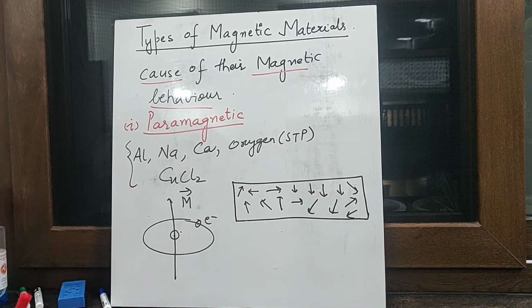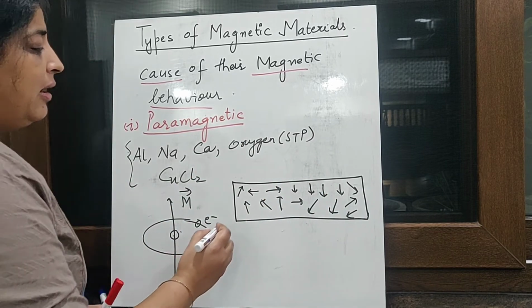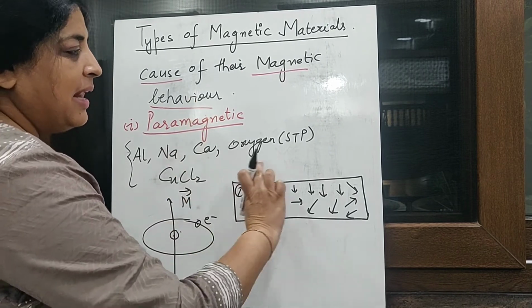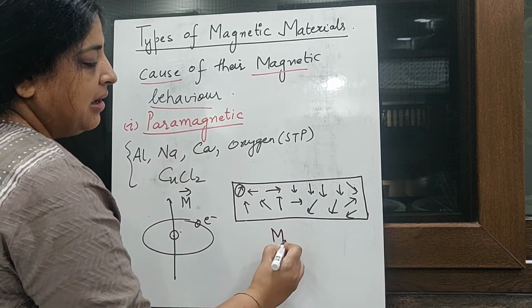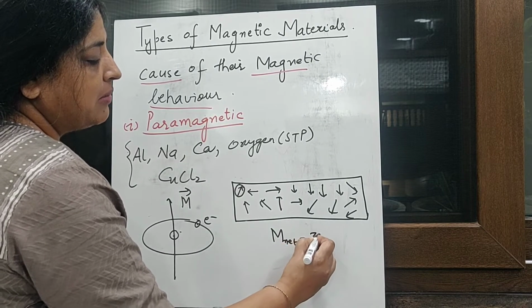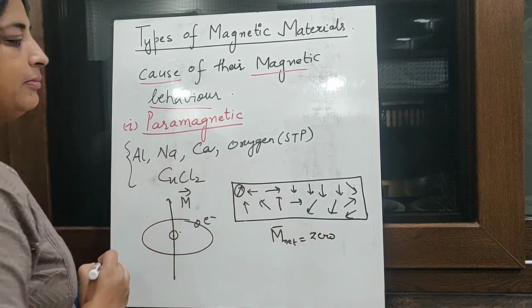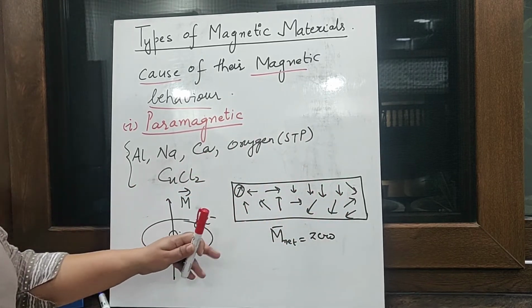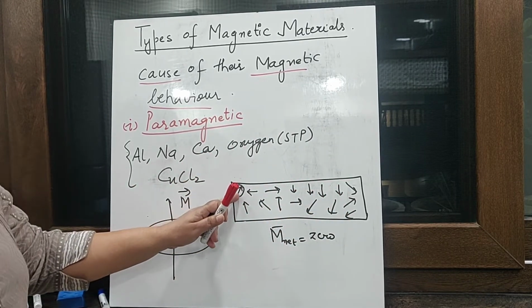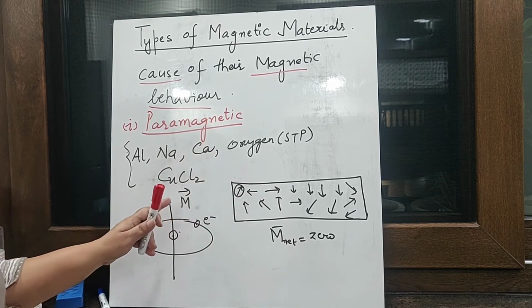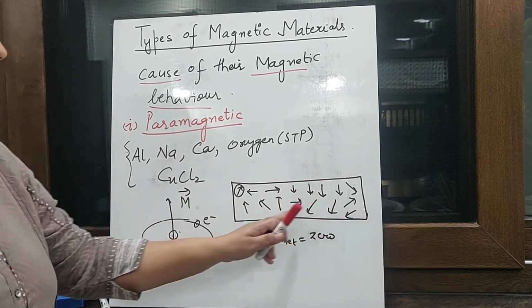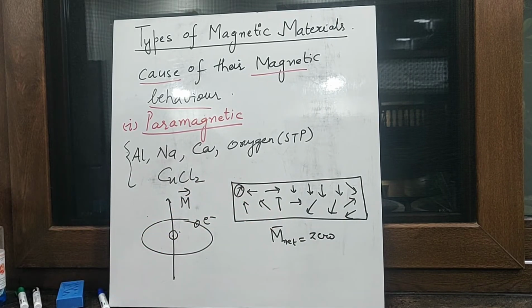Now one atom has a magnetic moment, but the net sample has a zero magnetic moment. So this is how a paramagnetic substance is: it contains atoms, each atom having an individual magnetic moment, but the net magnetic moment of the sample is zero.